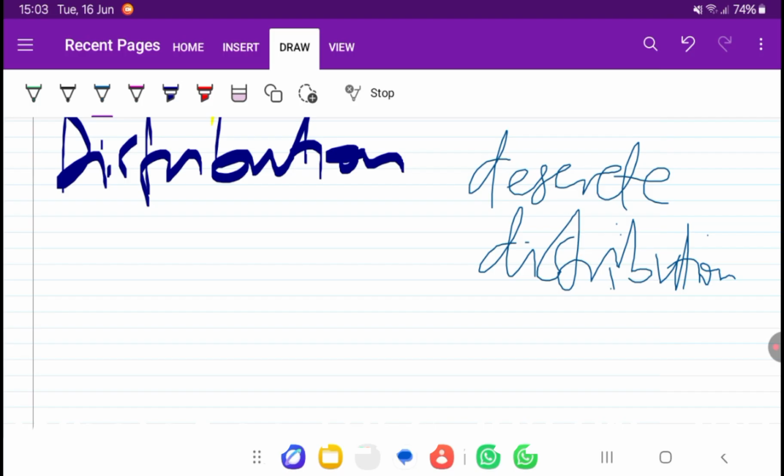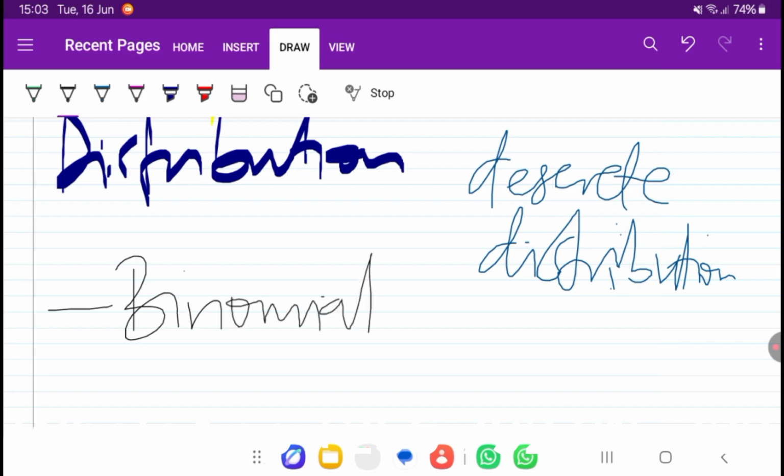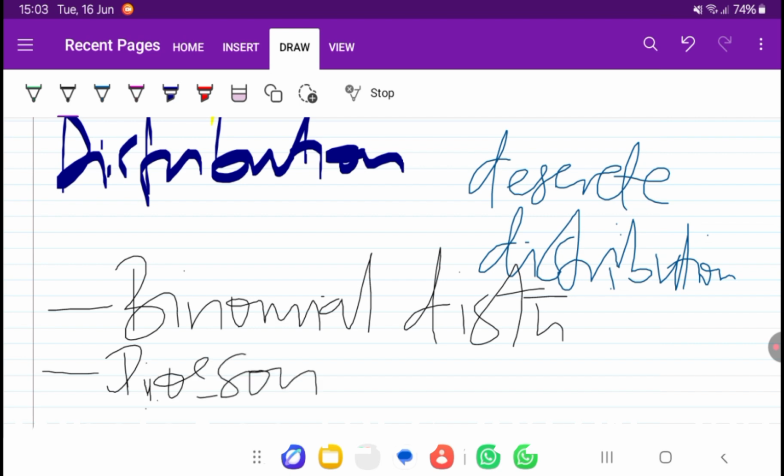Now, what are some of the discrete distributions? We have the binomial distribution. We have the Poisson distribution.